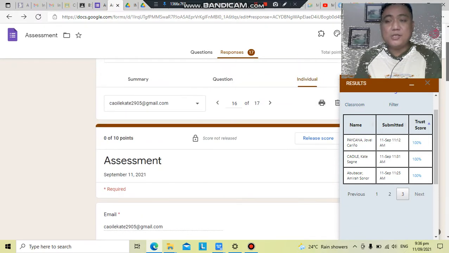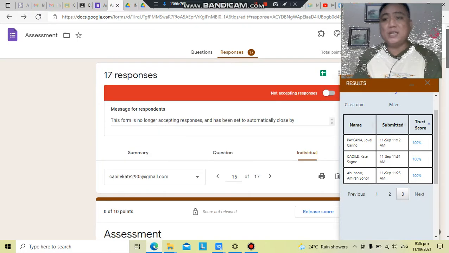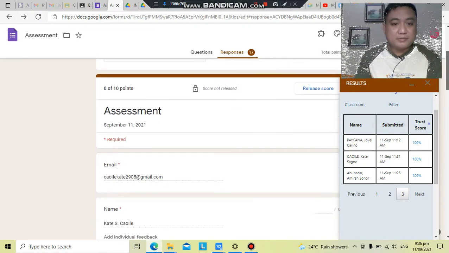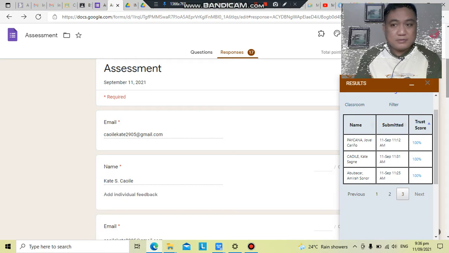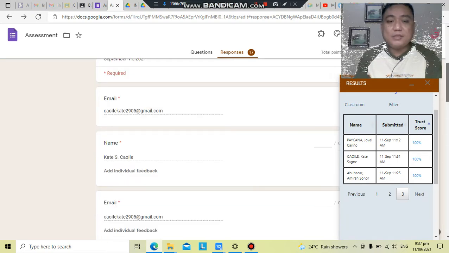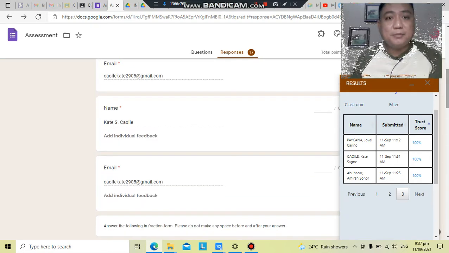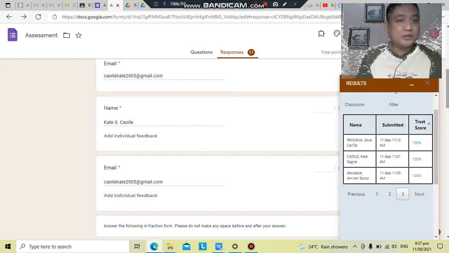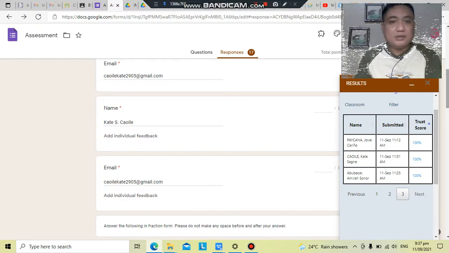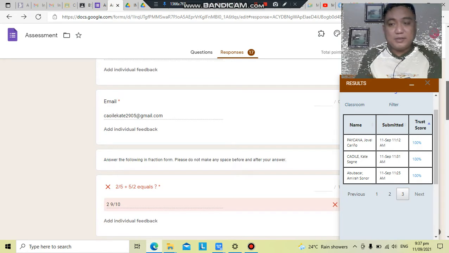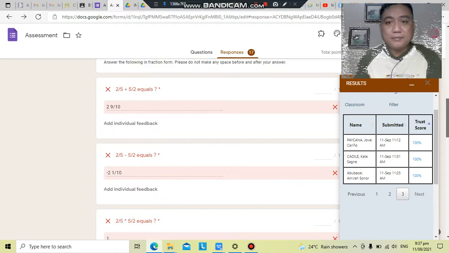So, ganun po siya mag-score po sa trust score po. Kaya nga po, as much as possible, if lahat po may internet connection, like Converge, PLDT, like that, and others na stable, maganda po itong gamitin na program po.